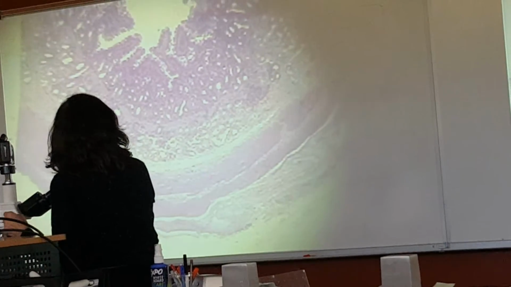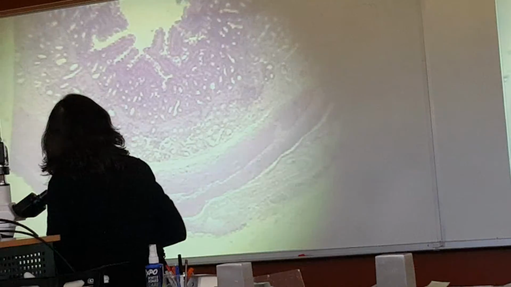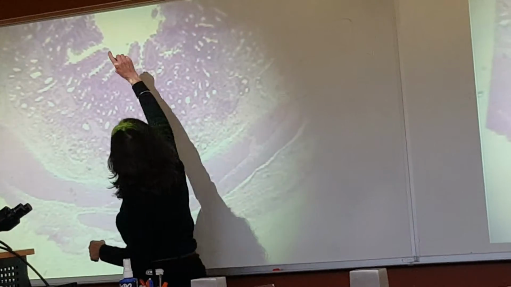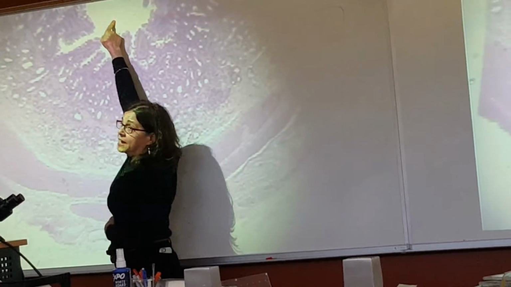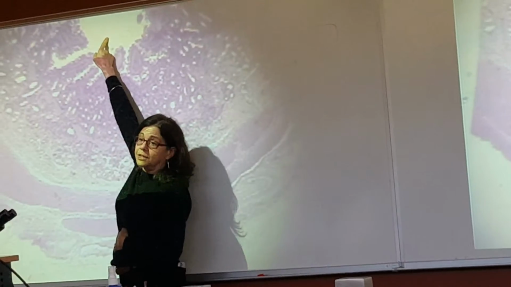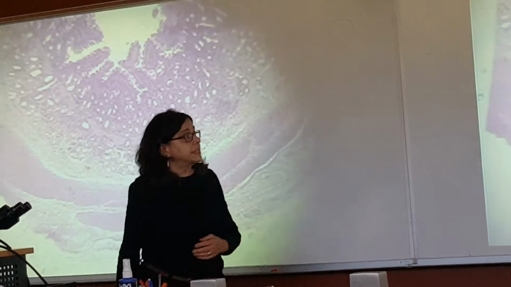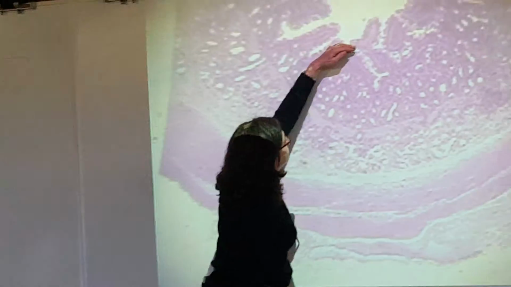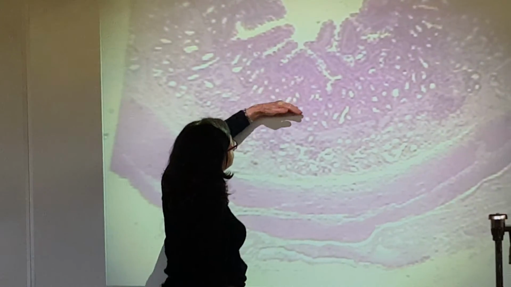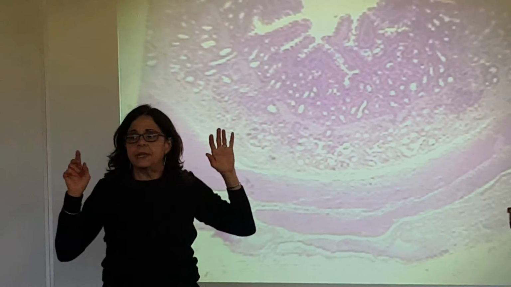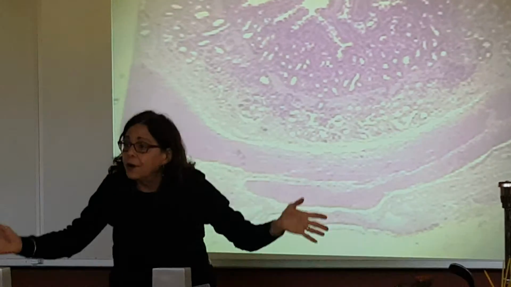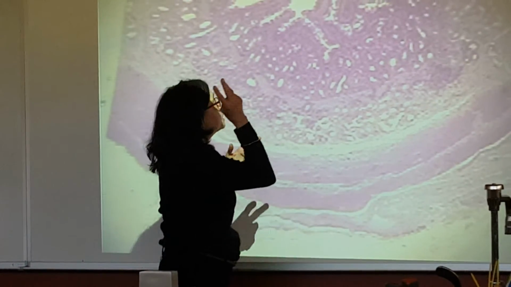For one thing, we're going to look at the tissue layers. So this would be the inside, starts with an L, it's the lumen, right? Okay, it's the lumen, and then we've got the first tissue type that you encounter, starts with an M, it's the mucosa, good. And it has three components.